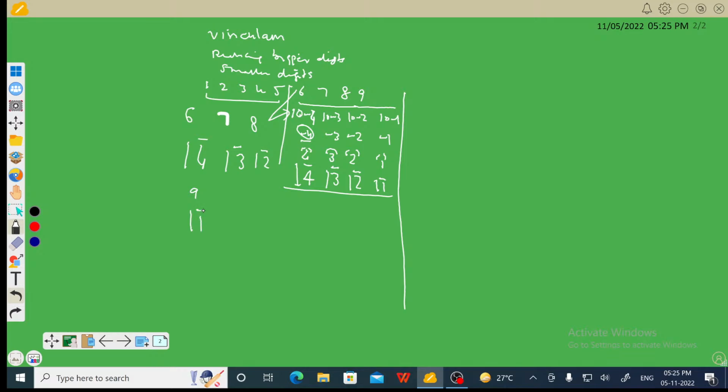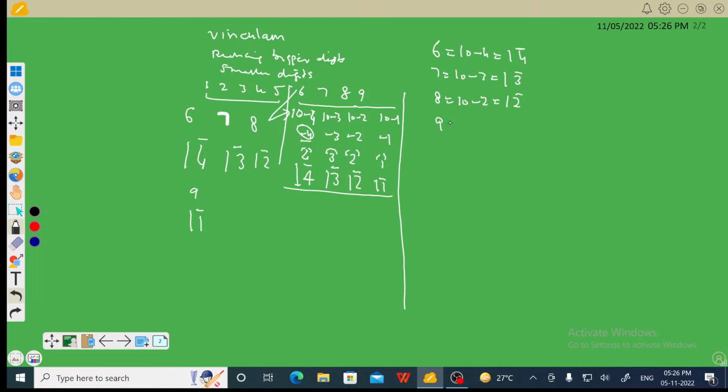So in this system, actually we are writing 6 is equal to 10 minus 4, and we are rewriting it in other symbols. 7 is equal to 10 minus 3, written as 1 and a 3 bar. 8 is 10 minus 2, and we write it 1 and 2 bar.